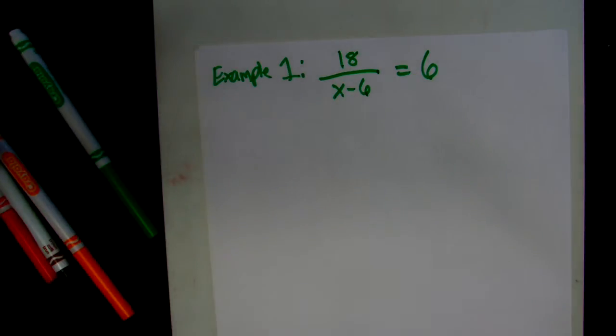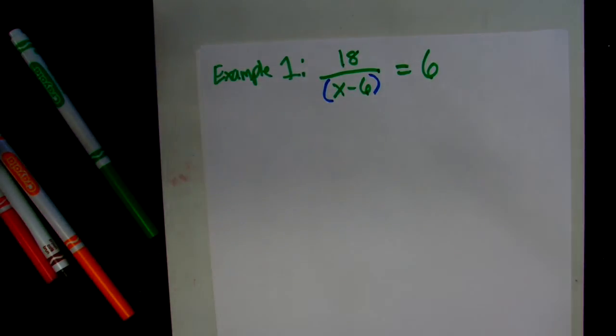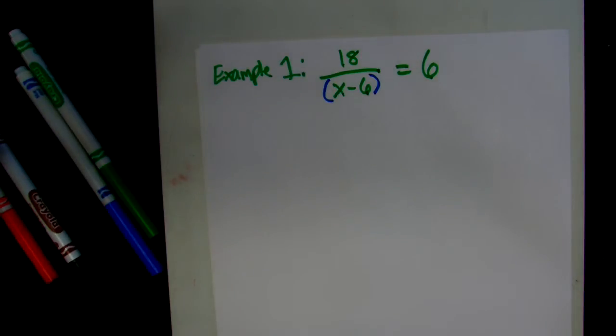The first thing that I always do anytime I'm working with rationals is identify my groupings. For example, this x minus 6 is a grouping. It has to have those parentheses on there. Then I identify my common denominator. I only have one denominator, and that's x minus 6. So I need to multiply both sides of the equation by x minus 6.